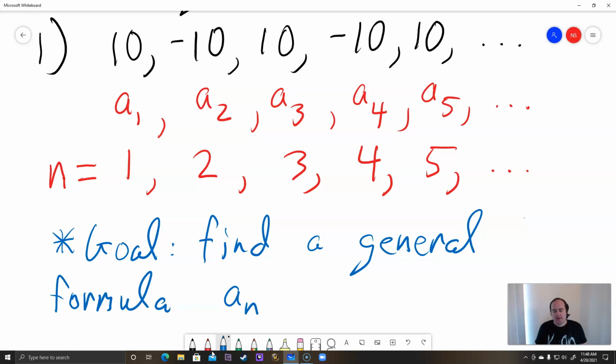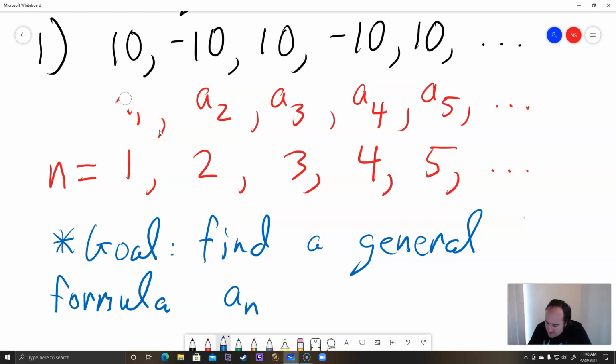We know A1 equals 10, A2 equals negative 10, A3 equals positive 10, A4 equals negative 10, and so forth. And for each of those terms, n equals 1, n equals 2, n equals 3, n equals 4, and n equals 5. The way I usually do this is I try to come up with a pattern. So how do I get from n equals 1 to 10?